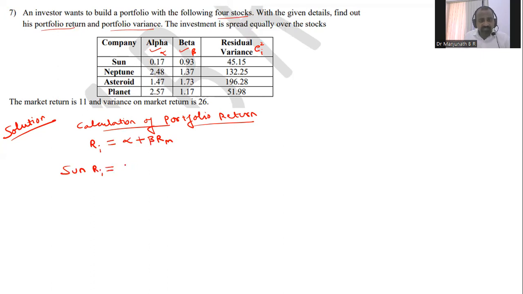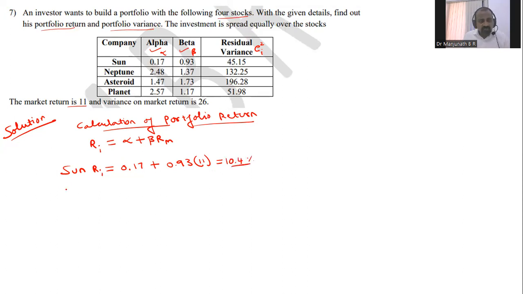We have alpha as 0.17 plus a beta of 0.93, multiplied with the market return, which is 11. If you simplify this, 0.17 plus 0.93 into 11, you should get 10.4% for Sun.